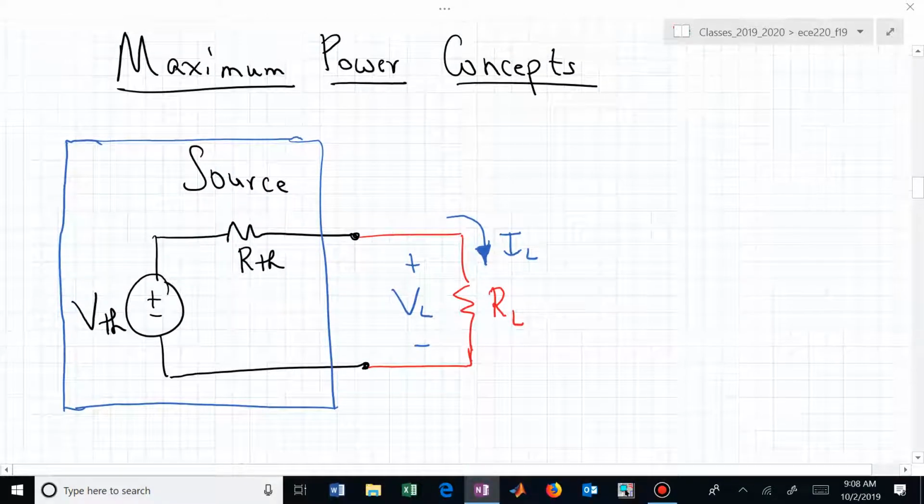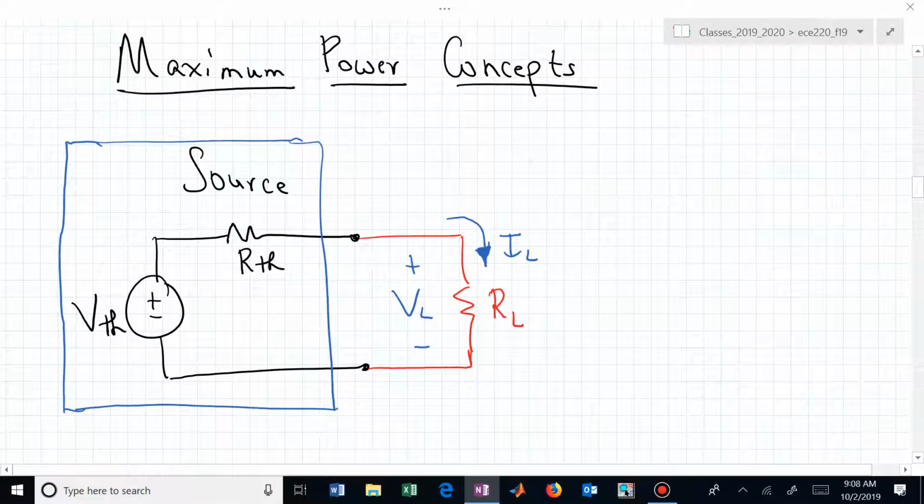Let's just create a model. We can now put all of the system interconnections together and aggregate those into this Thevenin equivalent.